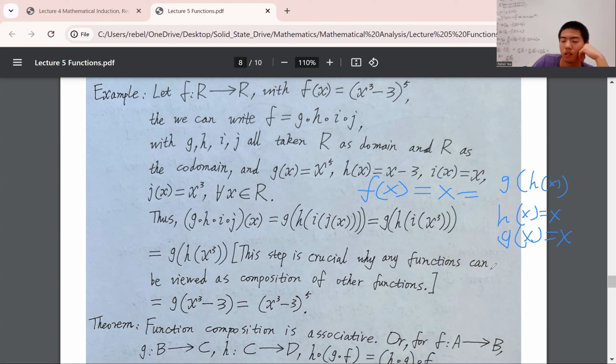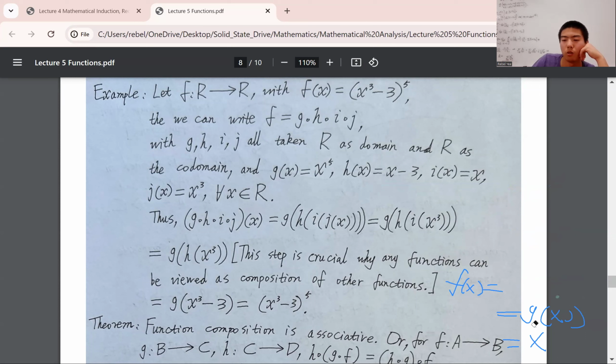So g of h of x equals g of x, because h of x becomes x, so it's g of x, and g of x is also x. So f of x equals x. So any function, even the identity function itself, can be decomposed into two or more functions, because we can always use the identity function.